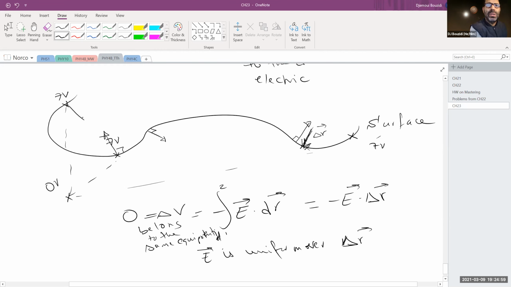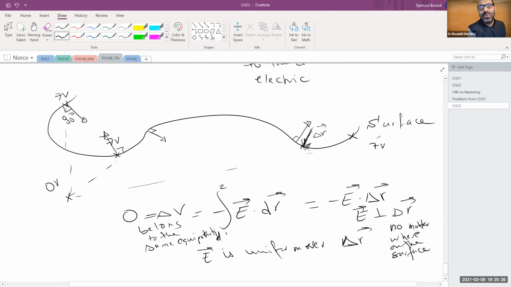So if it's in here, it's going to point this way, so that this angle is a 90-degree angle. If I multiply this vector by this vector, it's going to be 0 because cosine of 90 degrees is 0. So that means E is perpendicular to delta r, no matter where on the surface.